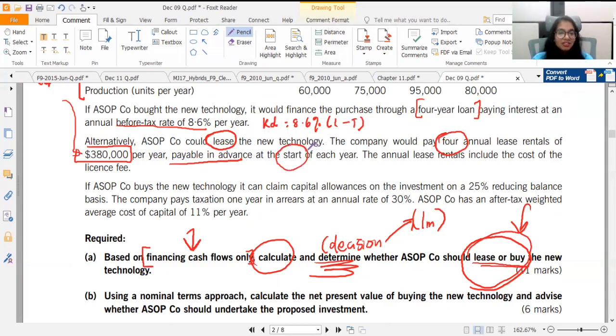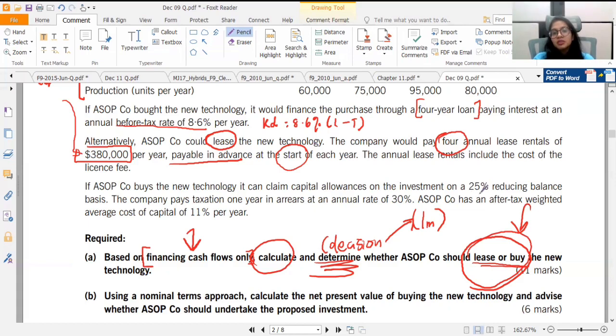So guys, remember when he says payable in advance at the start of each year, that means instead of paying normally at the end of year 1, you will pay it at the beginning of year 1. So for recording or presentation purposes, you will put this value in the year 0 column.